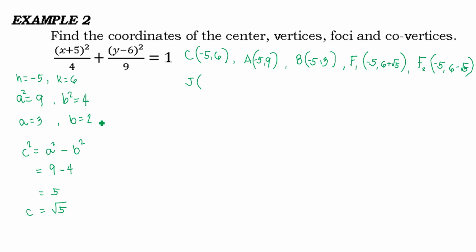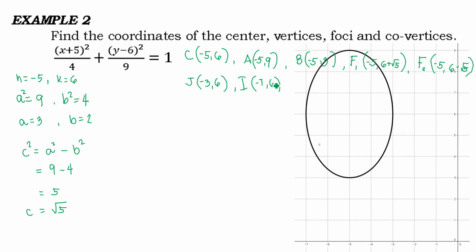So, -5 plus 2 equals -3, 6. Then our I must be, dito naman, mag-minus tayo ng 2. So we have negative 5 minus 2 equals negative 7, 6. So these would be our co-vertices. Now let's try to have the graph. So let's try to check.